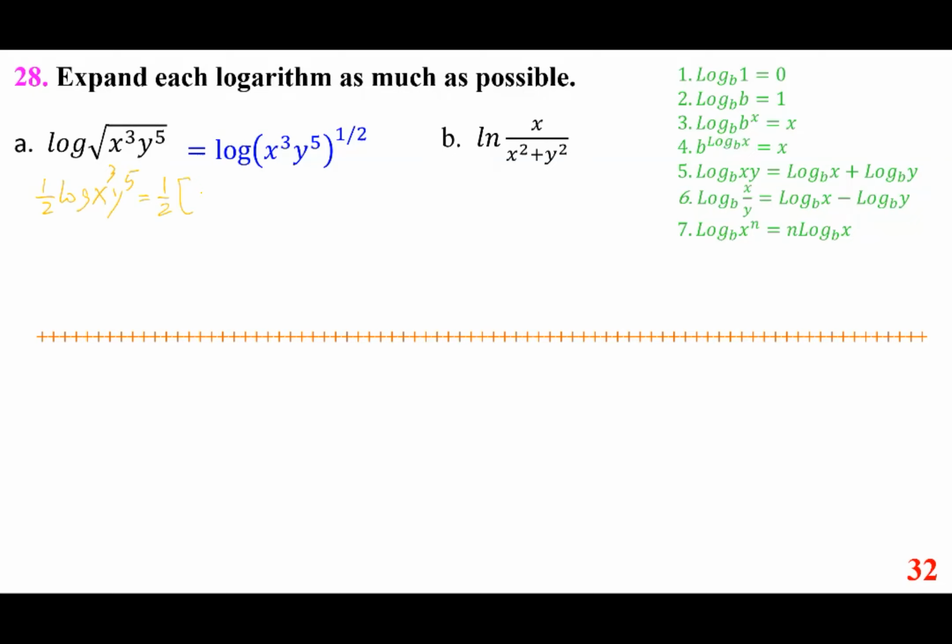So 1/2 log x cubed plus log y to the power of 5. I can put the 3 in front, 5 in front, and with 1/2, when we multiply the first one, 3 in front with 1/2 is 3 halves. The second one, 5 in front times 1/2 is 5 halves. And there you have it.